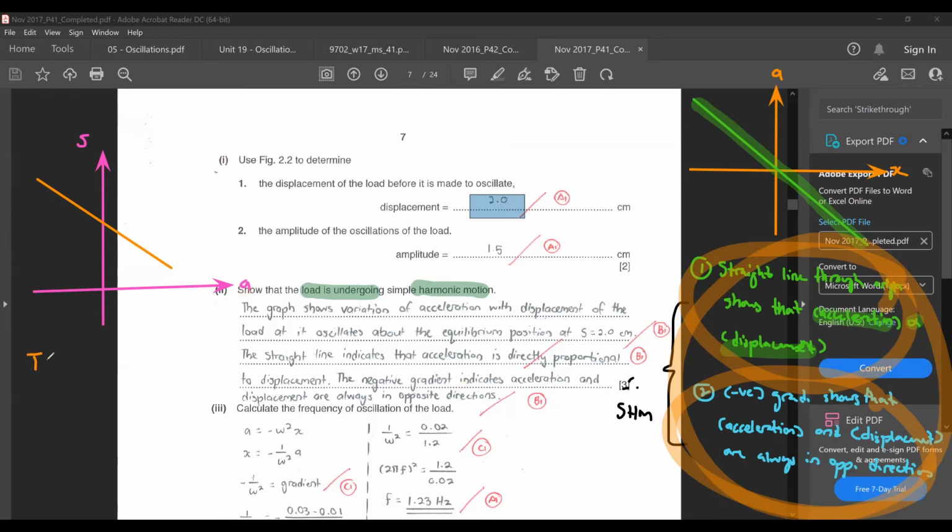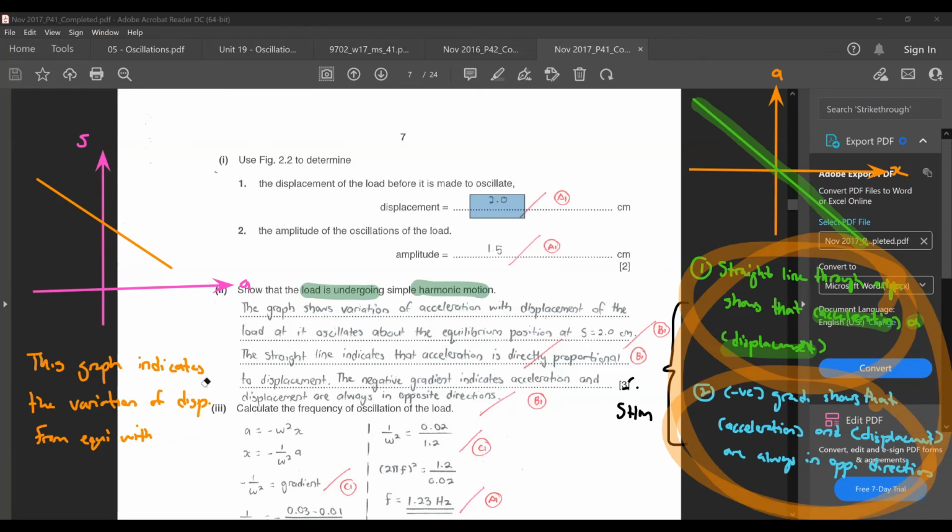This graph shows the variation of displacement from equilibrium. Now rather than saying showing, it's probably better to say this graph indicates the variation of displacement from equilibrium.